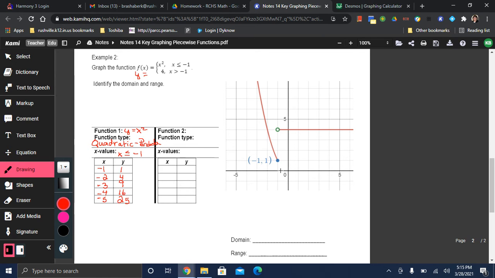So we probably don't have all of those on here, but notice that I do have -1, 1, and let's check and see if it's supposed to be a solid dot. It has that less than or equal to, so yes, this one is supposed to have the solid dot. So negative 1, 1. And then if I go to negative 2, 1, 2, 3, 4, should be a point that is showing.